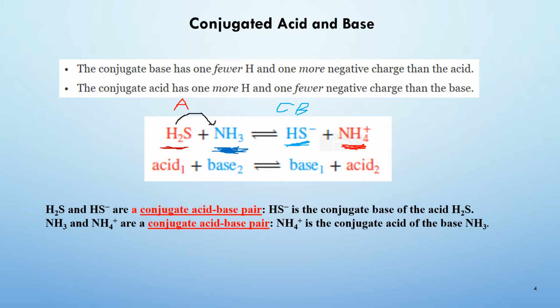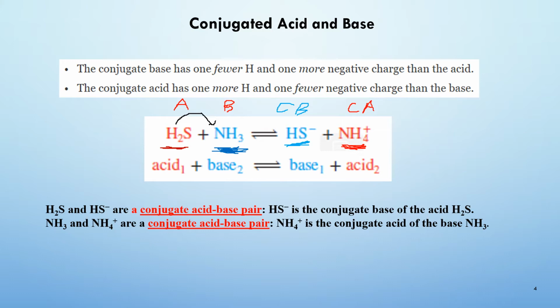In this case, NH4 plus, which is the ammonium ion, is the conjugate acid of the base ammonia. So NH3 and NH4 plus are a conjugate acid-base pair, where the ammonium NH4 plus is the conjugate acid of the base ammonia.